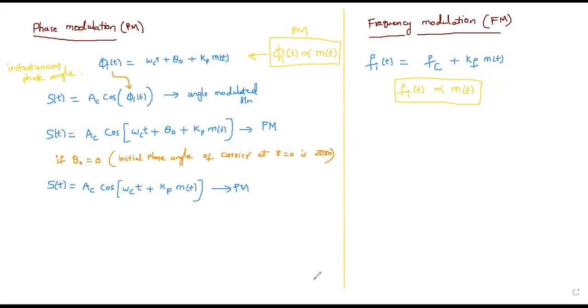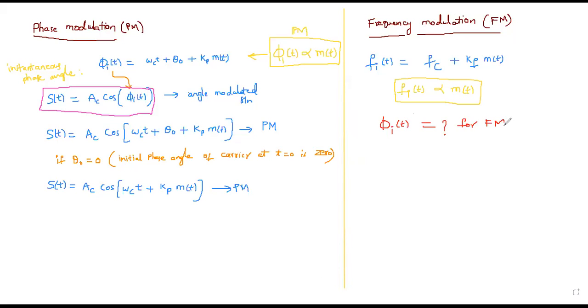Now, if I wanted to write this angle modulated signal, it is s of t is equal to ac into cos of phi I of t. But what is phi I of t for a frequency modulated signal? I know fi of t, but what is phi I of t for an FM signal?